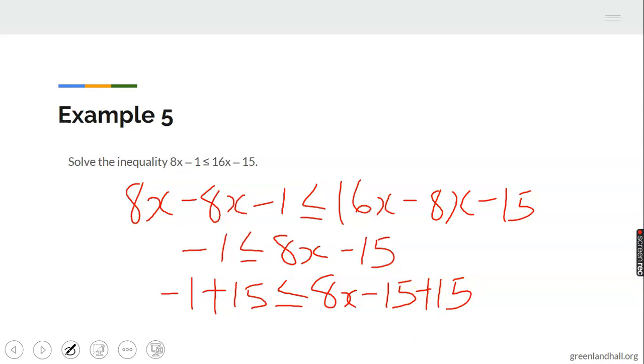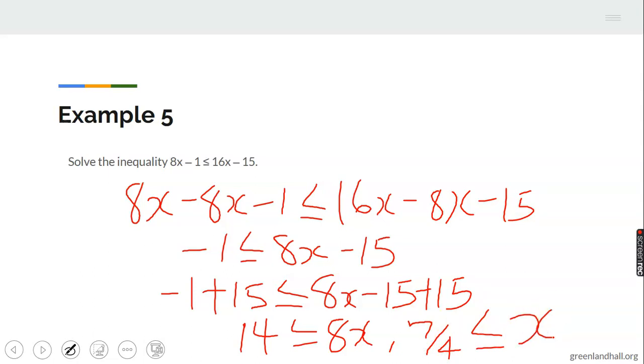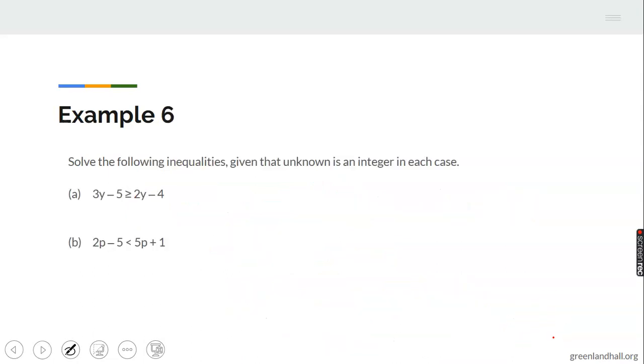And once I do this, I'm going to have 14 less than or equal to 8x. And dividing through by 8, that will give me 7 over 4 is less than or equal to x. So, as simple as that.